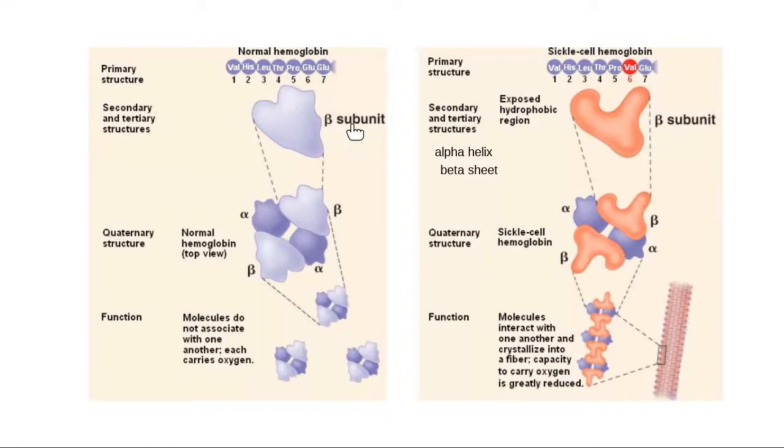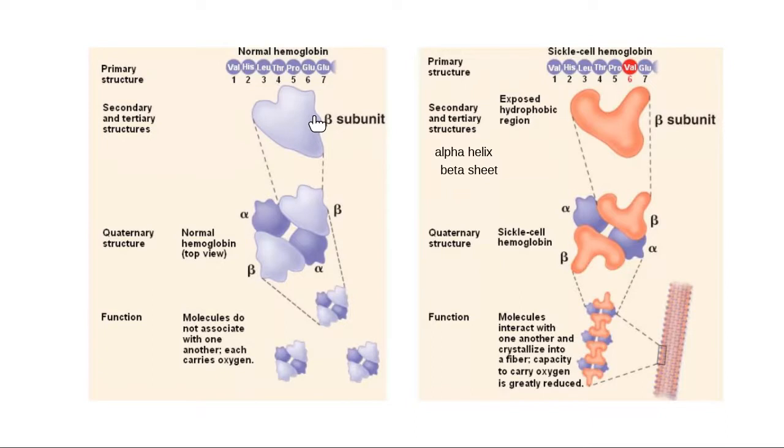The beta subunit is 1 amino acid chain. I know it's confusing that they use this alpha and beta thing, but this is 1 whole amino acid chain that's folded into a 3D shape. I call it the beta subunit that I folded into this 3D shape here.